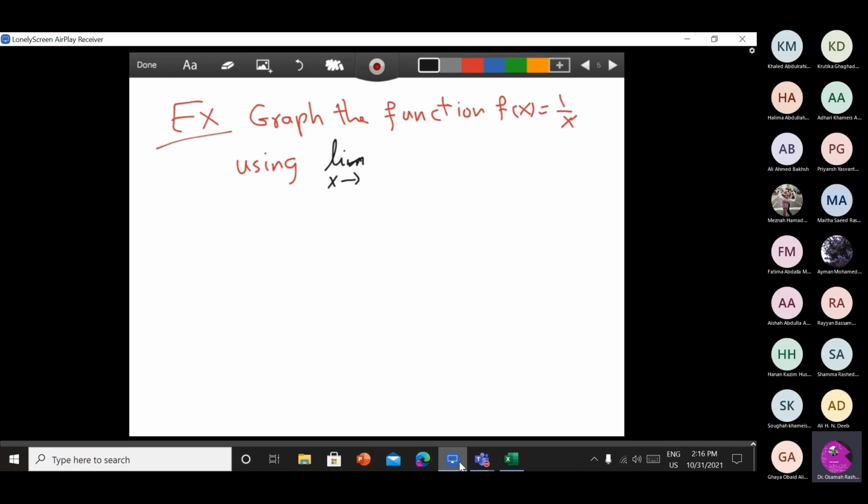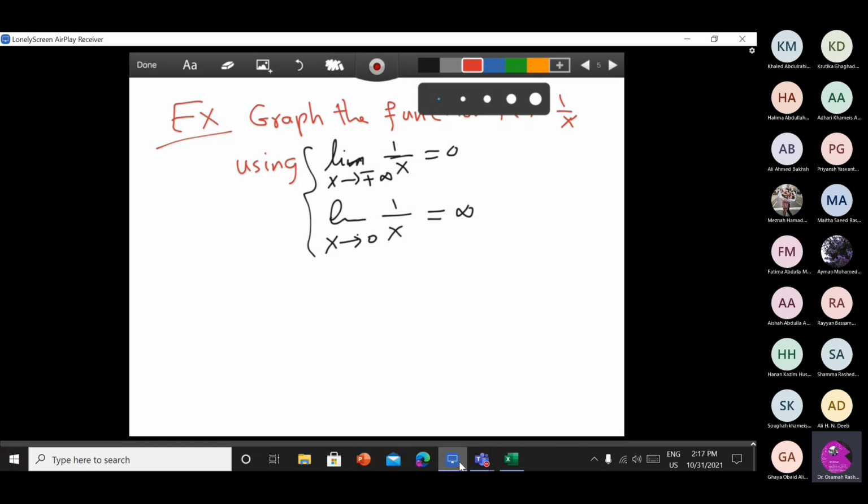When x tends to positive or negative infinity, 1 over x is 0, as you already got, and when x tends to 0, 1 over x is infinity. How can I use these two to graph the function?